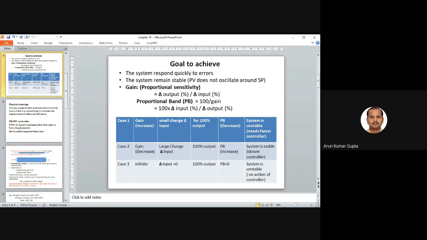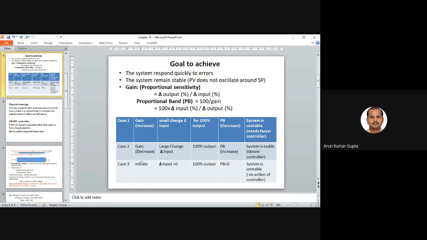Right. So let's say case 2, when gain decreases, we have a large input. Gain decrease means we can increase this because we are keeping the output constant. So if gain decreases, we have to keep the input high. Input high means the gain will decrease, or you can say band will increase. And band will increase means system is slower, stable, slower controller.